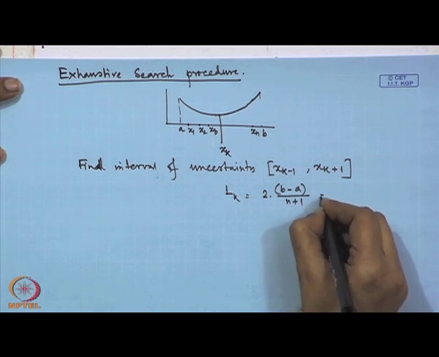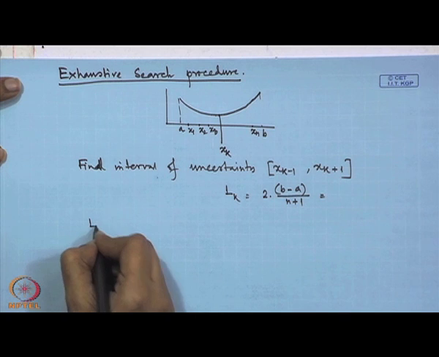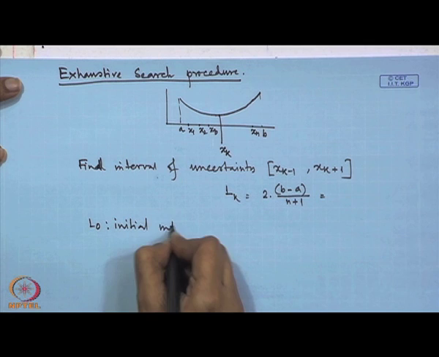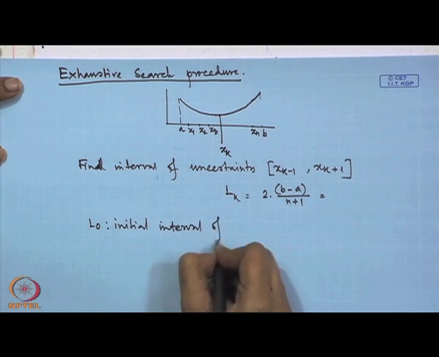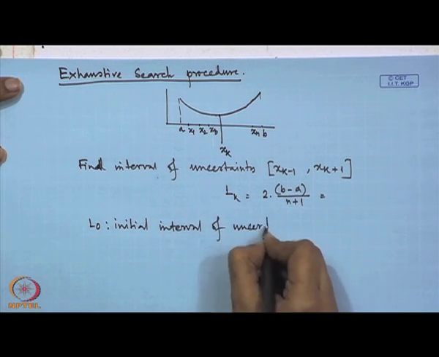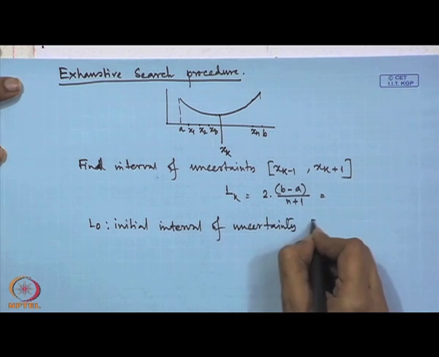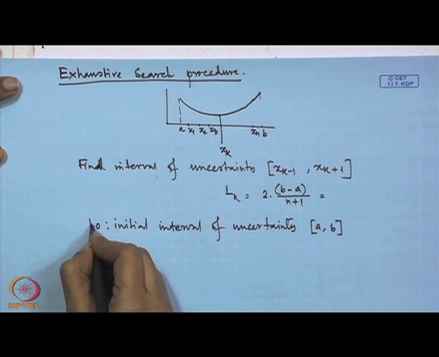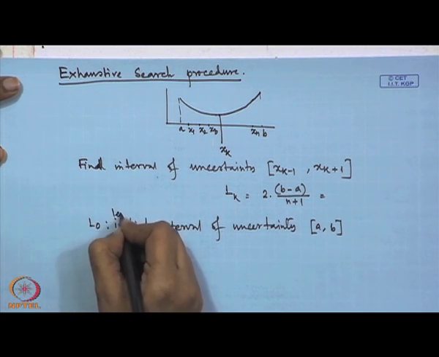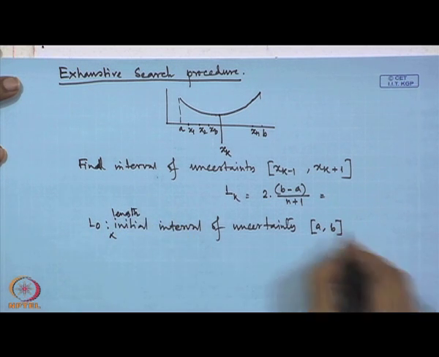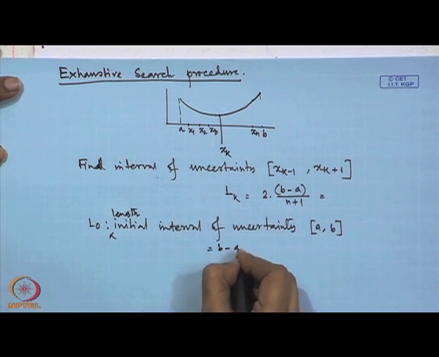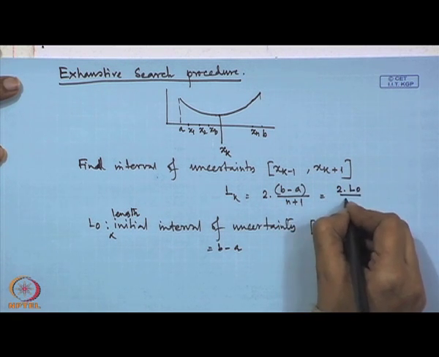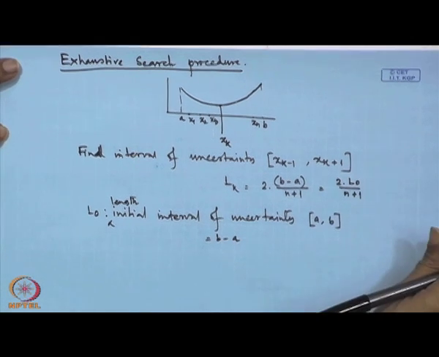Otherwise, if I say that L0 is the initial interval of uncertainty, that is from A to B, the length of the initial interval of uncertainty AB is equal to b minus a, then Ln can be written as 2 into L0 divided by (n plus 1), alright.